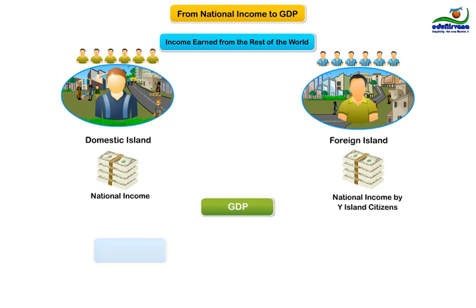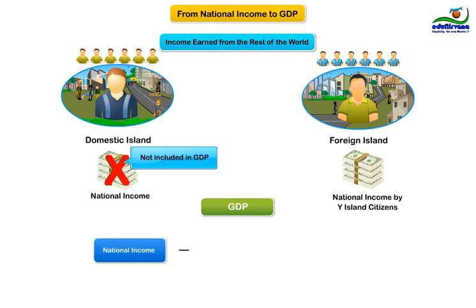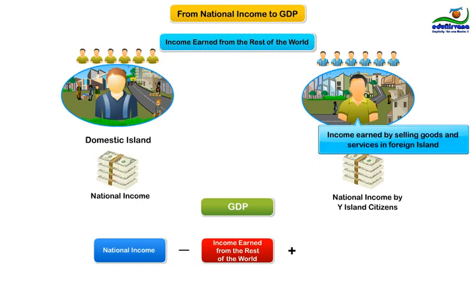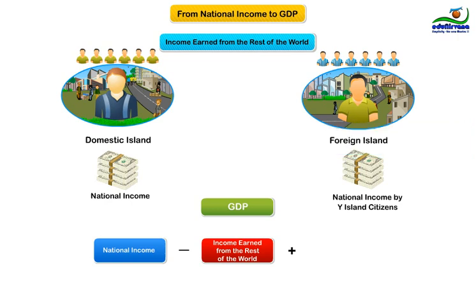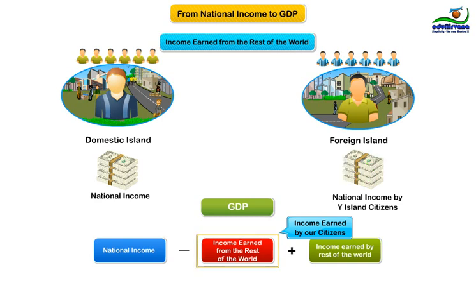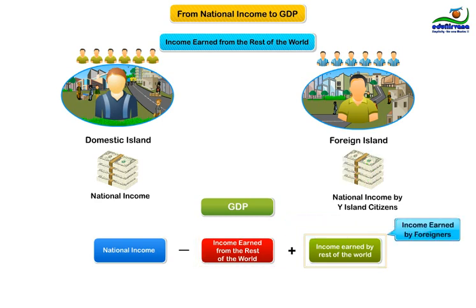We do so by, one, subtracting from national income the income earned from the rest of the world. This is the income earned by our citizens by producing and selling goods abroad. And two, by adding to national income the income earned by the rest of the world. This is the income earned by foreigners by producing and selling goods in our island.